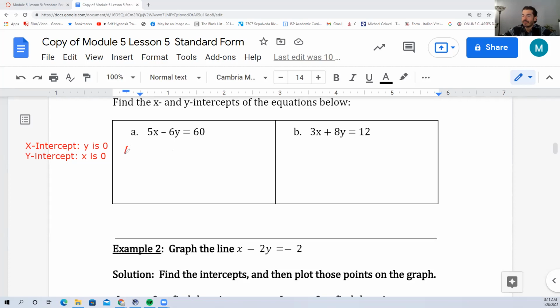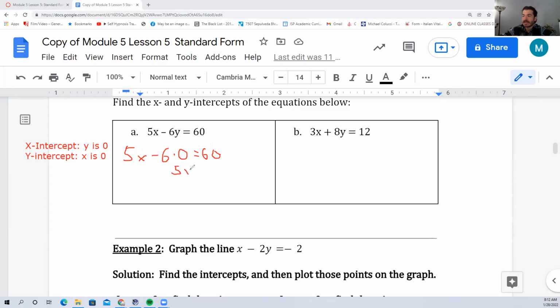Now I'm going to end up with 5x minus 6 times 0 equals 60. This becomes a 0. 5x is equal to 60.